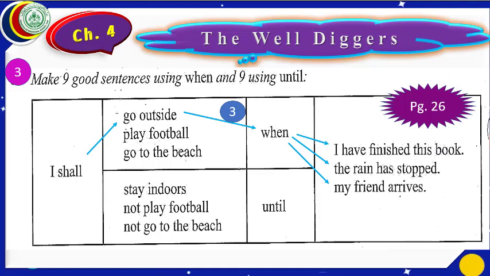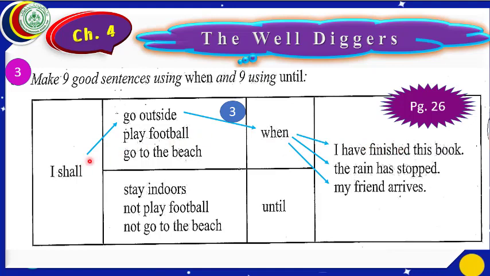Let us try to understand how we can make 9 sentences by using when. Dear students, I have mentioned here by drawing lines. How shall we start? First of all, we shall say, I shall go outside when. After when, we shall write the first line from this column.